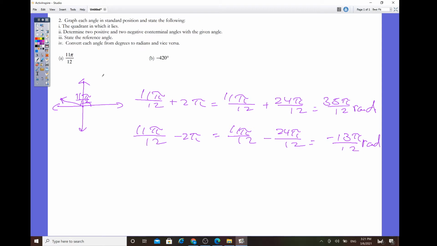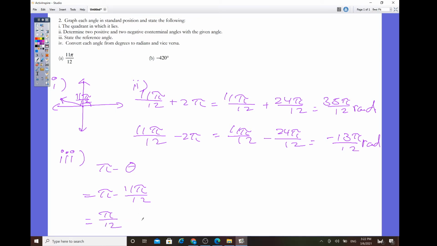Okay, so that's part 1. Part 2: state the reference angle. We know it's in quadrant 2, so the way to find the reference angle is pi minus theta, which is pi minus 11 pi over 12, which is pi over 12.